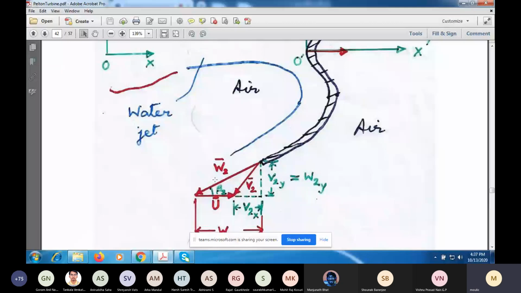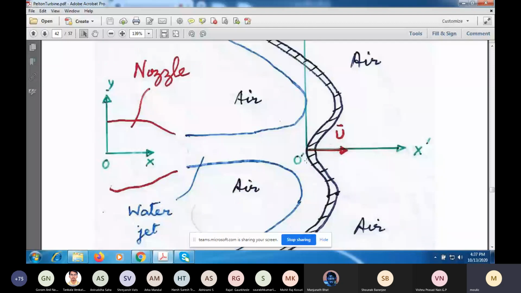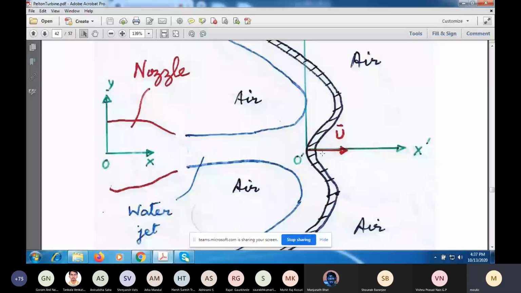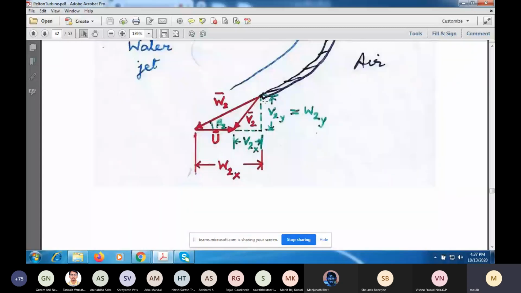So W2 is tangent to the blade. And to that, if I vectorially add U, the velocity vector representing the velocity of translation of the origin of the moving coordinate system, then you have the absolute velocity. So W2 plus U is giving you V2. And the angle between minus U and W2 is beta 2 over here.